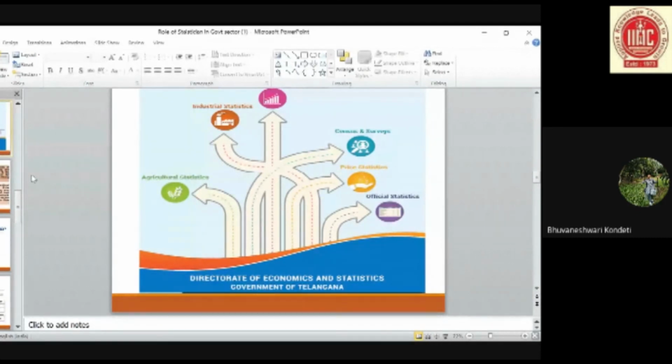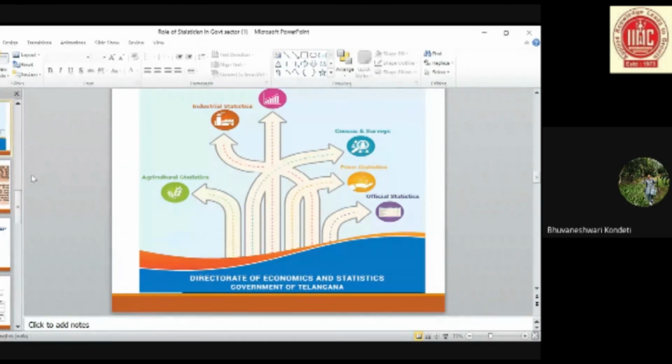And censuses and surveys. There are certain censuses the directorate will conduct in coordination with the Government of India. That is the census of minor irrigation and the census of land holdings, and surveys like socio-economic surveys. These socio-economic surveys will be conducted to assess the economic condition of the people in the state.